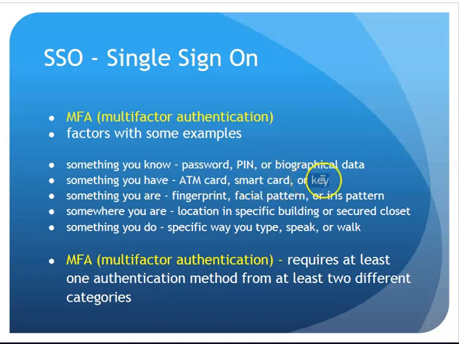A lot of times we'll get a code texted to our phone. If you plug this PIN or code in, that is now the second check for you. You provide that PIN or code, and now we know this is Doug Brown, and he has this PIN, so it has to be him signing in. That's an extra security level that can be implemented.